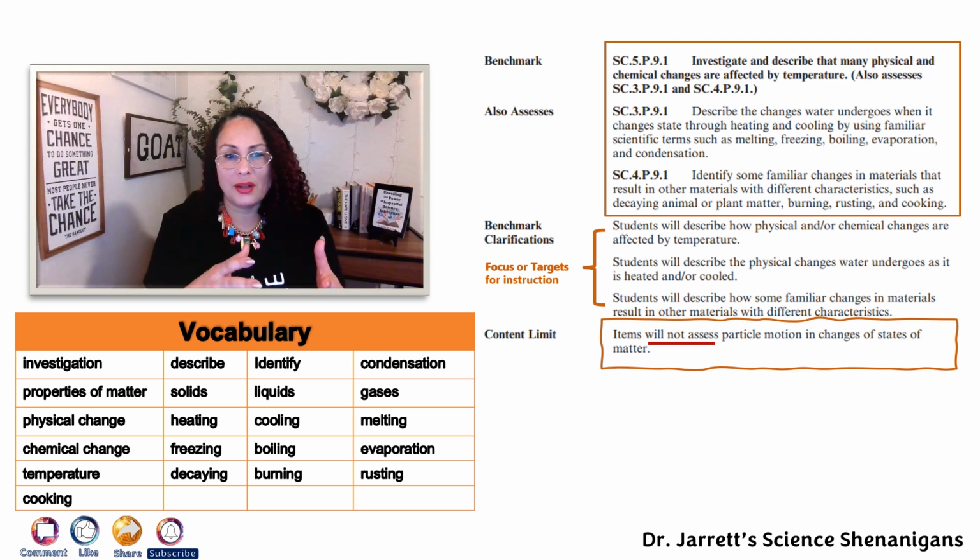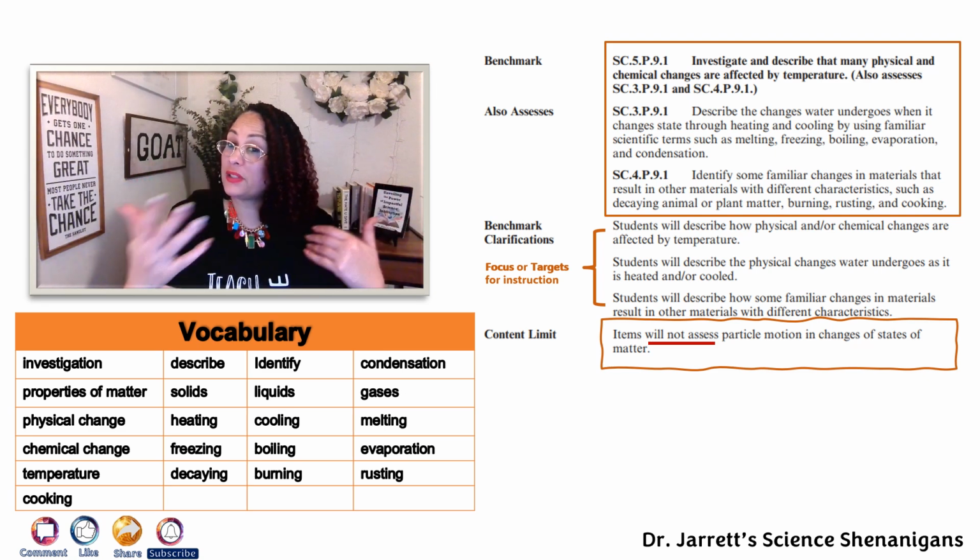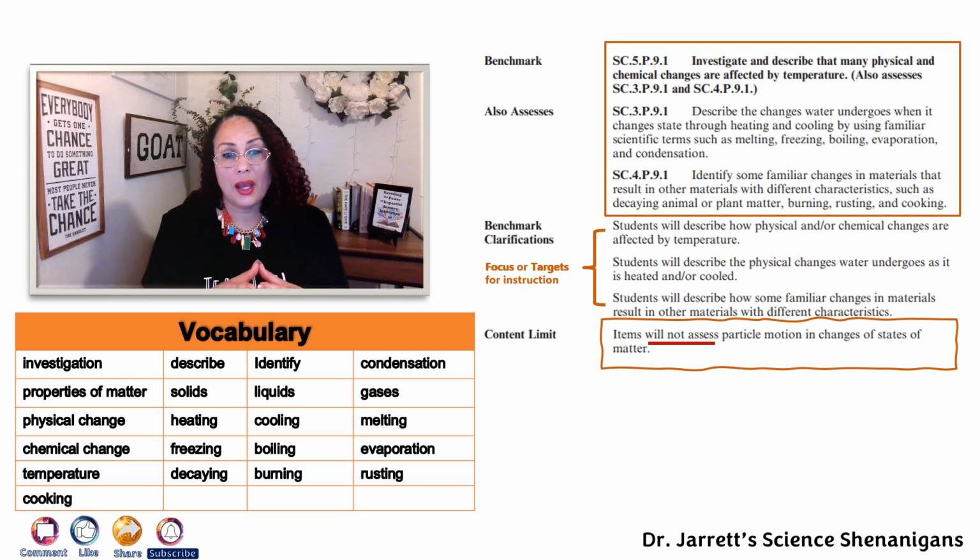That's where the students could have a debate if it's a physical or chemical change. And so, boom, there you go. That's perfect. The kids are going to say, we are investigating, describing physical and chemical changes. At the same time, we're going to eat this food. It's going to be delicious.